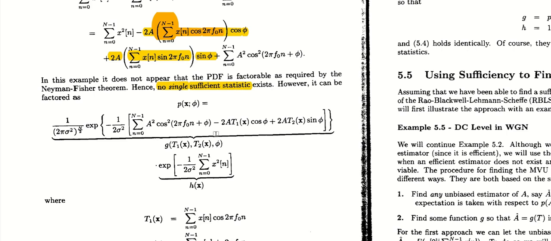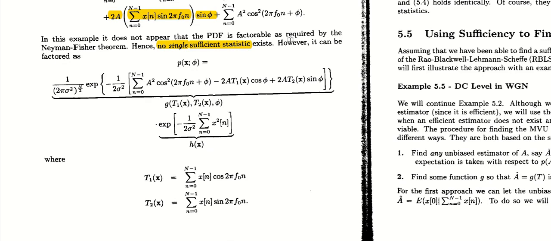Okay, so in this case, if we like to take a very strict perspective, then we will say that there will be no single sufficient statistic. Okay, but we take another perspective. Here what follows is we try to take another perspective.